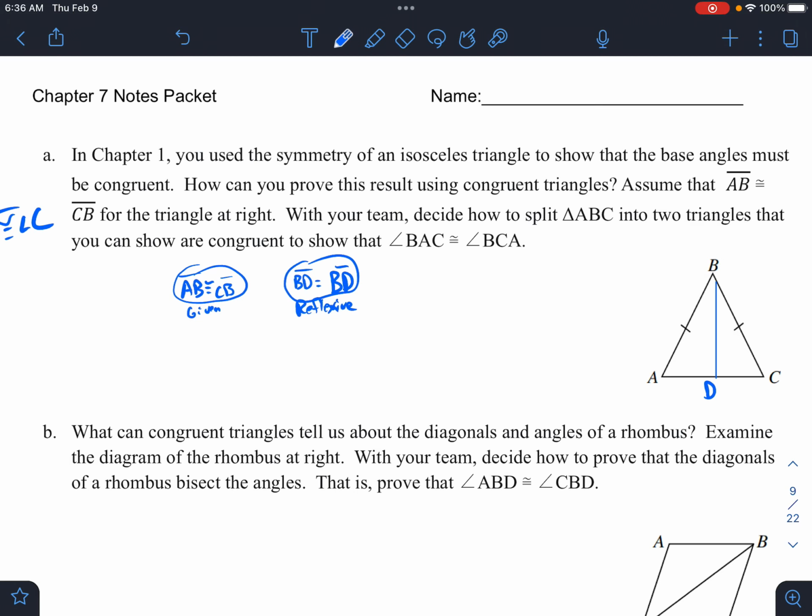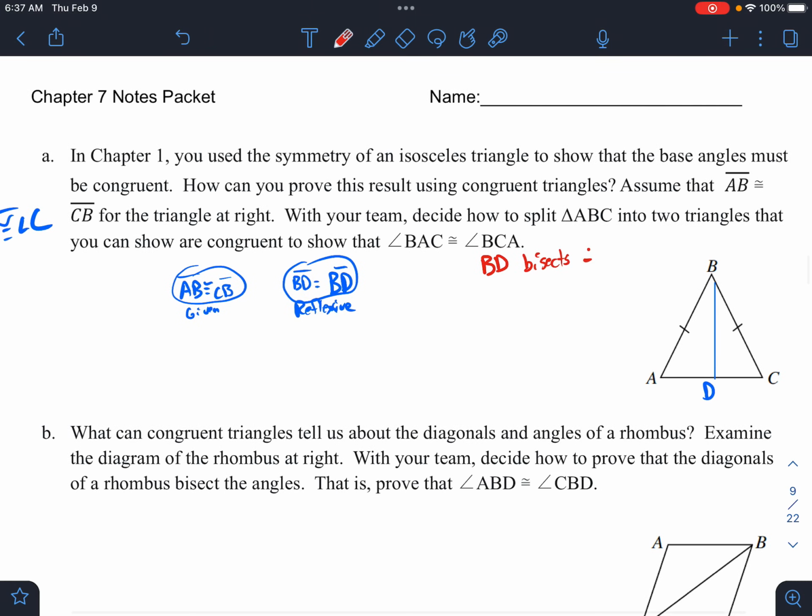Now, this part we maybe wouldn't know, but we know that we just made a bisector. So we'll say BD bisects angle ABC. Okay? Therefore, and this was the line we drew. Okay?